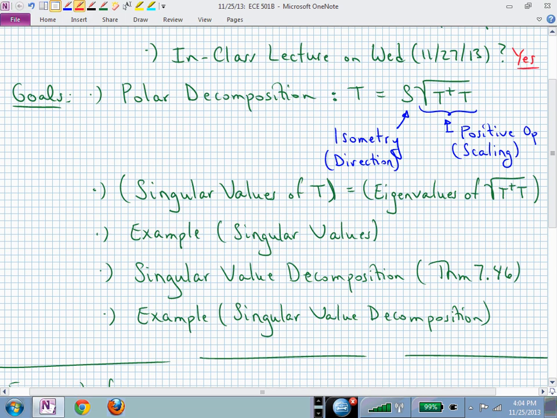Let's look at it from a matrix perspective. If somebody gives you a matrix, not necessarily a square matrix, so it's just a linear map, then the singular value decomposition can find a basis for the range space. Let's call that linear map A. We can find a basis for the range space of A.